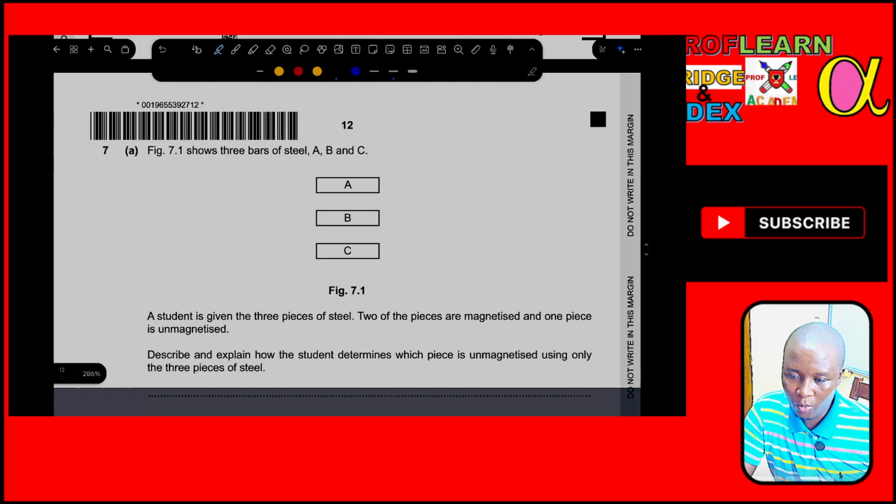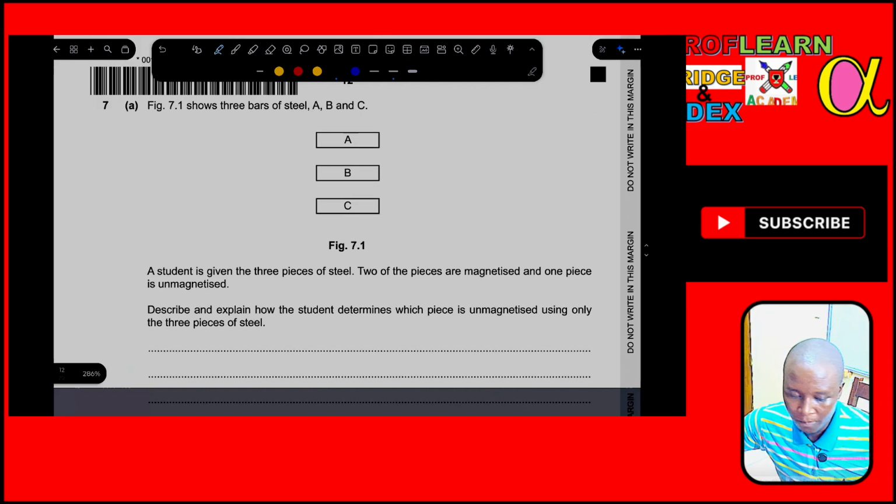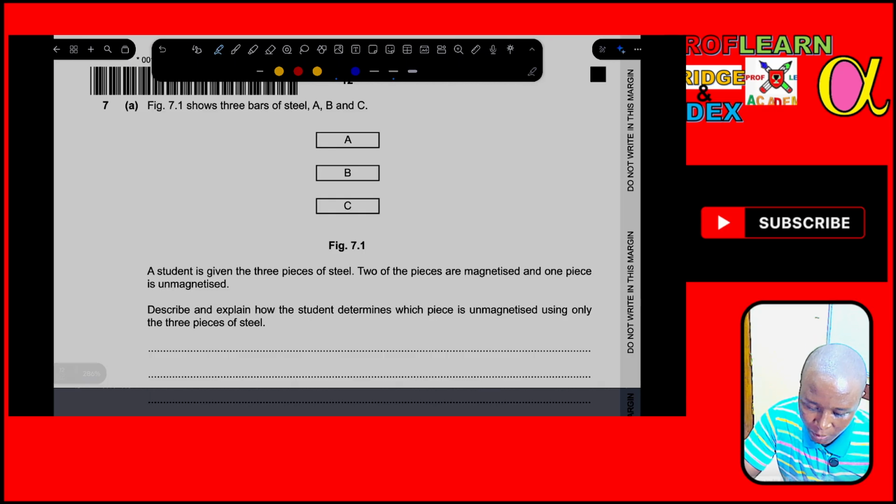We have question number 7, whereby candidates were told to describe and explain how students can determine which piece is magnetized and magnetized only. Meaning that if two pieces are magnetized, one is having a north pole and another one is having a north pole also, then there's one that is not magnetized.